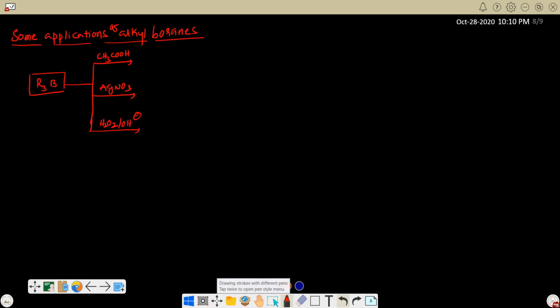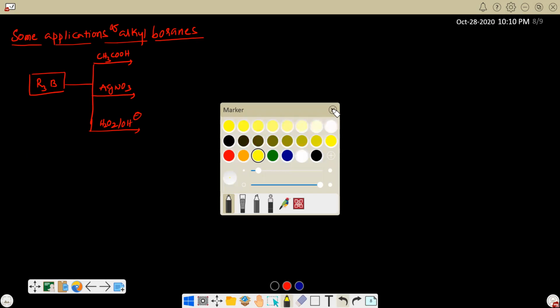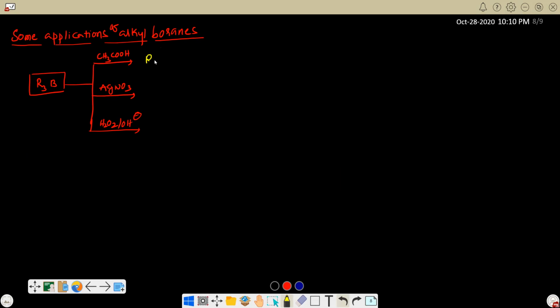So the products are here. Simply we'll get RH. Alkane is the product. Here it is R bond R. Here also alkane is the product. Here already we discussed alcohol is the product.